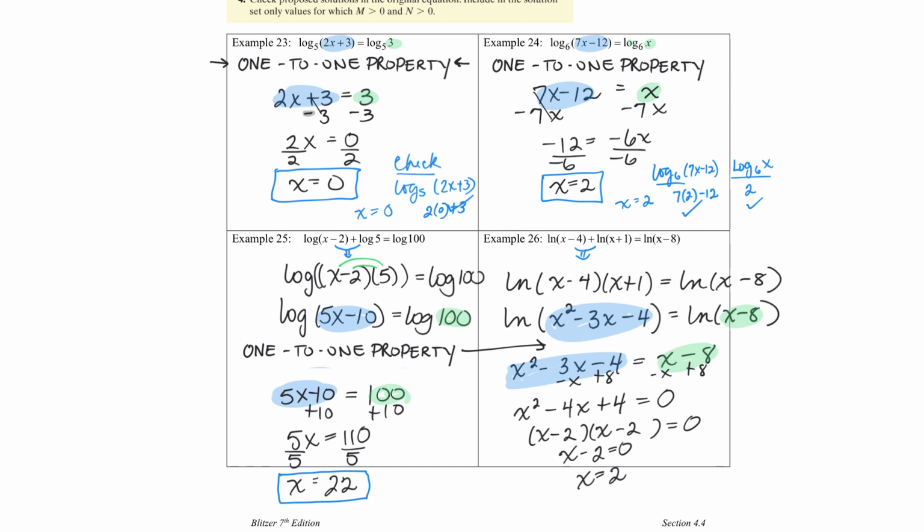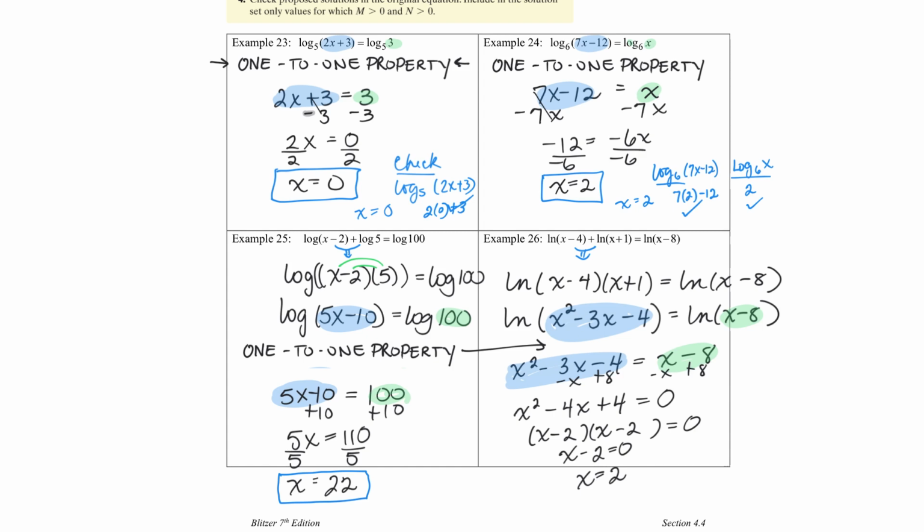And if I try to take this proposed solution of x equals 2 and plug it in to every single one of these logarithms in my original equation that involves that variable x, I'm going to see that it is not going to be a valid solution because 2 minus 4 is negative 2, right?